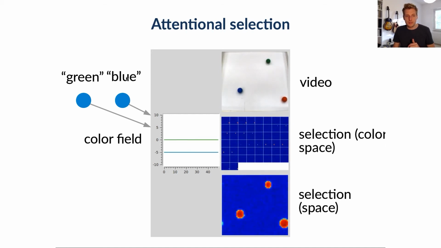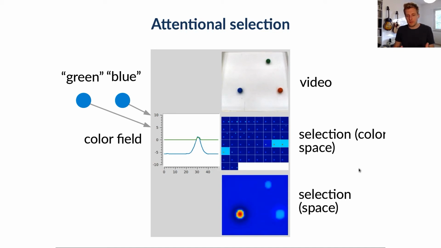And then we do the same thing with blue. So these little squares here are slices through the three-dimensional cube of activation. So blue activates these few slices here, and this picks out then the spatial position of the blue object here. So this is a mechanism of attentional selection, of visual search, where you can visually search for objects with certain features.